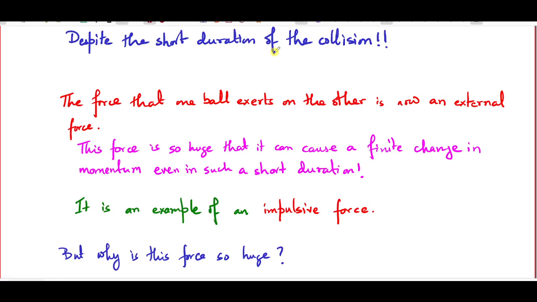To back up what I've said right now, I scoured the internet looking for fast motion capture camera pictures of two balls hitting each other. Maybe I did not look hard enough, but I didn't really find such pictures that would suit my purpose. Instead, I'm going to show you pictures of a tennis ball dropped on a hard floor.